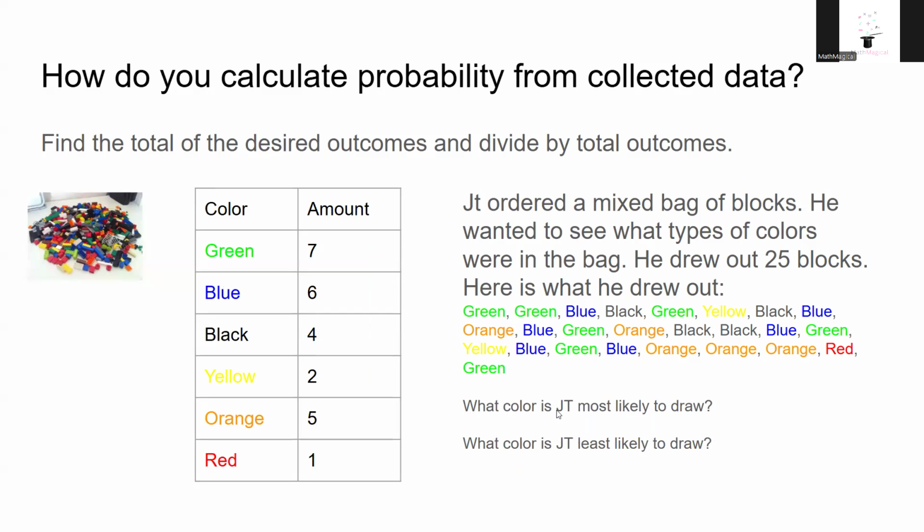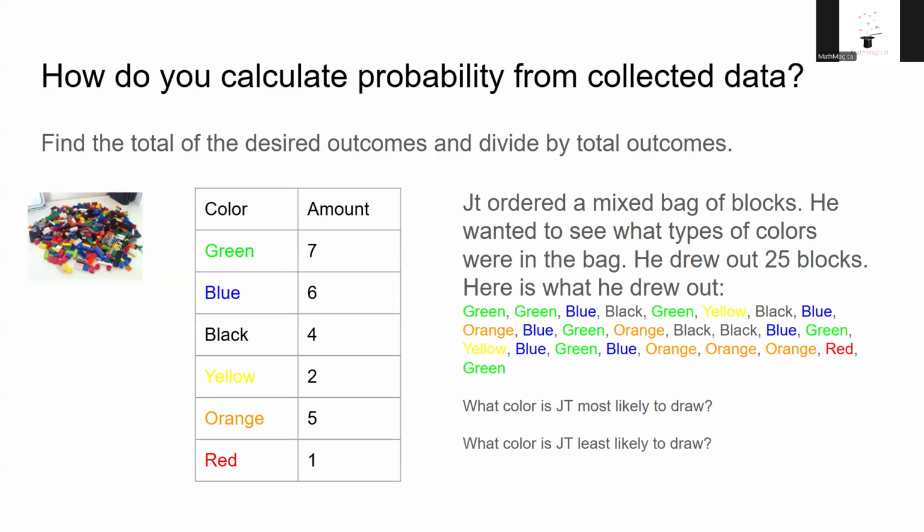So now it asks, well, if we look, we went ahead and created a table to organize our data. He drew out 7 green, 6 blues, 4 blacks, 2 yellows, 5 oranges, and 1 red. The question asks, what color is JT most likely to draw?